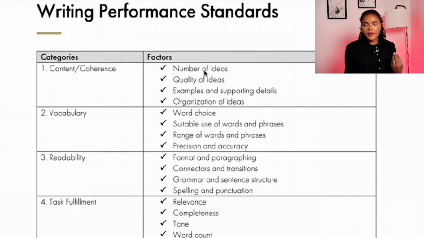Now let's start with the first one, which is number of ideas. When test takers hear number of ideas, they often wonder, how many ideas should I have? Well, there isn't really any direct answer to that question, because the raters are not really counting how many ideas are in your work. What they are checking is, are your ideas different or are they similar?